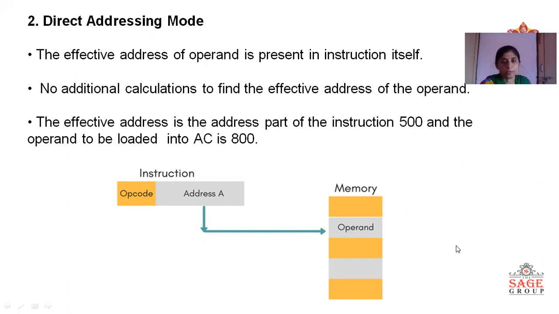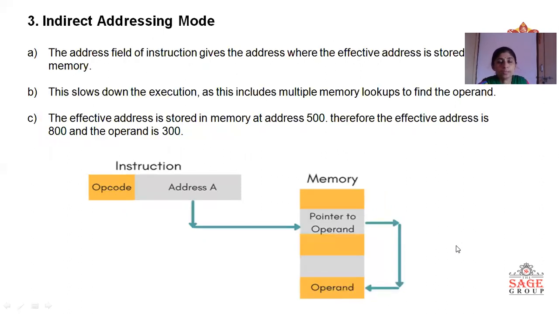The third type is indirect addressing mode. In case of indirect addressing mode, the address field of the instruction gives the address of the effective address, and the effective address is stored in the memory, and at that effective address we can retrieve the operand for loading into the accumulator.